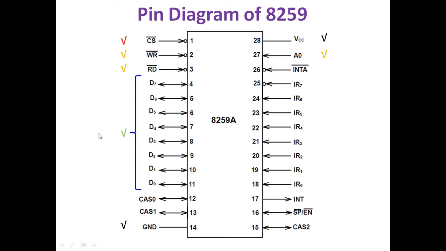Okay, then the 8085 or 8088 or 8086, this is the advanced processor. You can connect this data bus to any of the processor, which is called CPU, to send or receive the control word format or to read the current status of the interrupts.